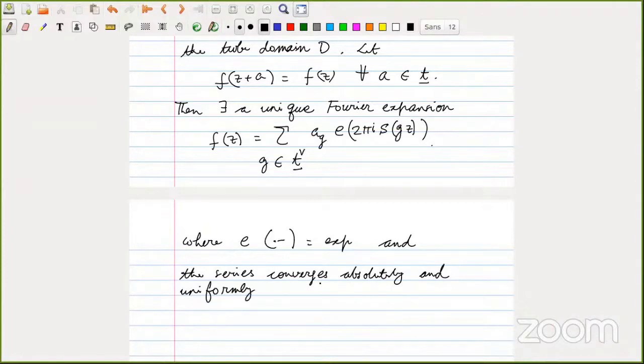But it doesn't happen everywhere; this is going to happen only on compact subsets.